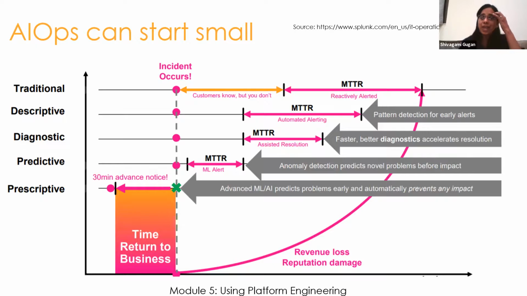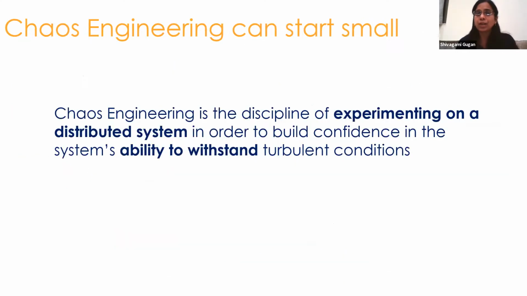These can be done in parallel as we talk about improving operational excellence. AIOps is moving from a very traditional model to even a predictive and prescriptive model, but you need not think that it's a very advanced topic and that we should do SRE first and then AIOps. Similarly, chaos engineering is about disaster recovery.